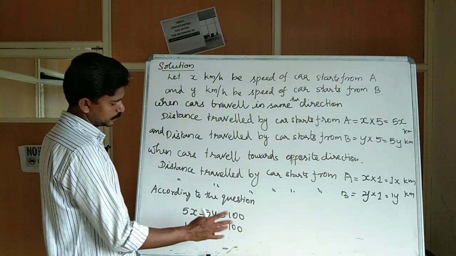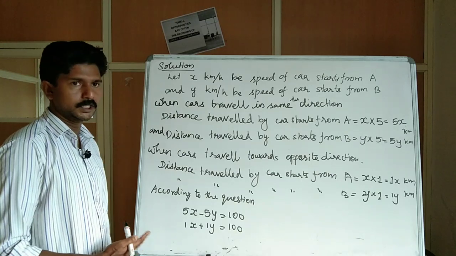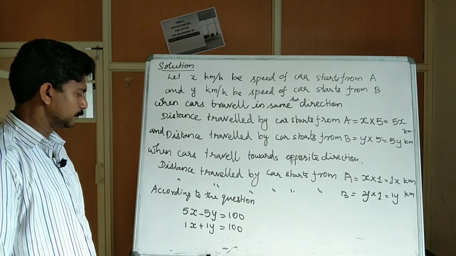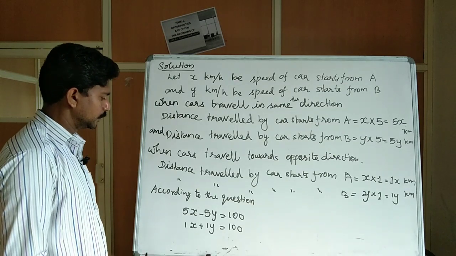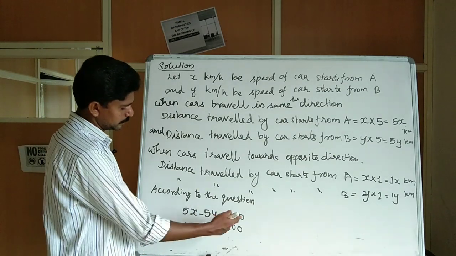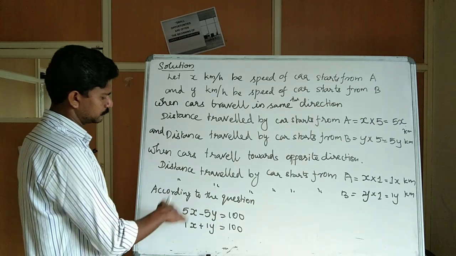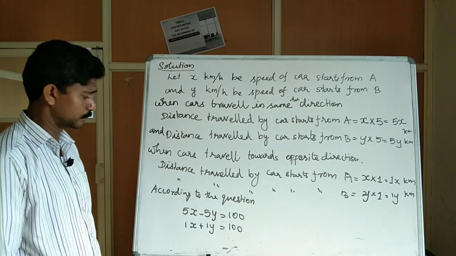If you multiply the second equation by 5, we can make both equations equal, or you can divide the first equation by 5 to make it simple. Either way is fine.